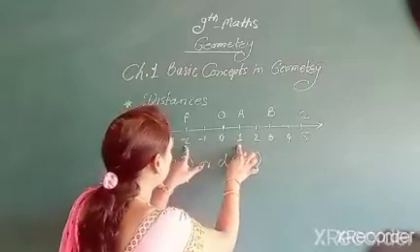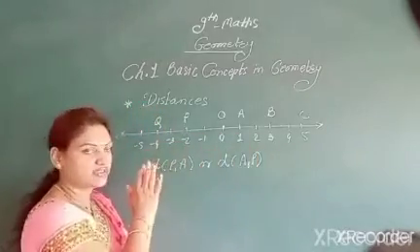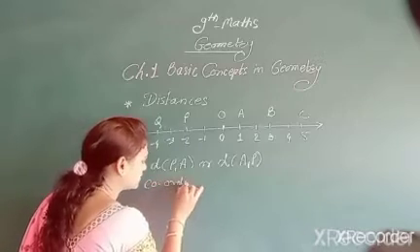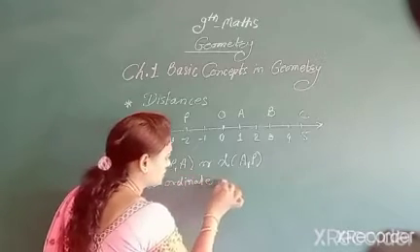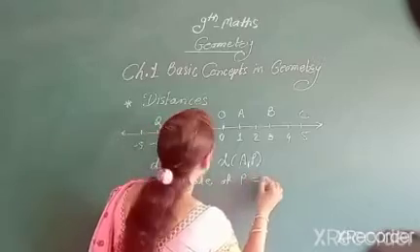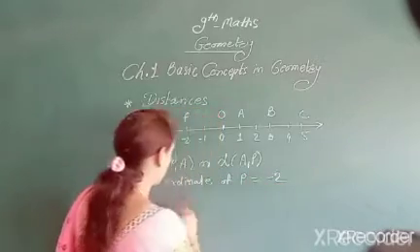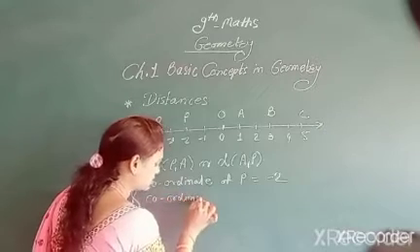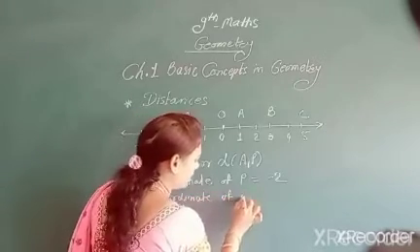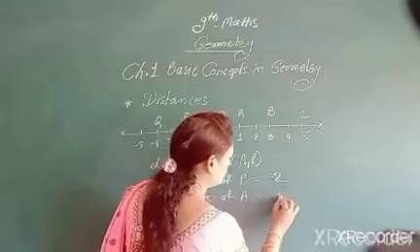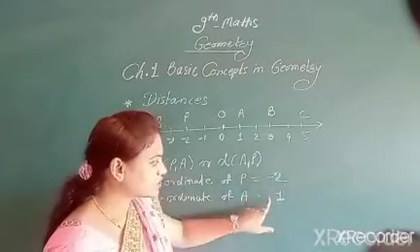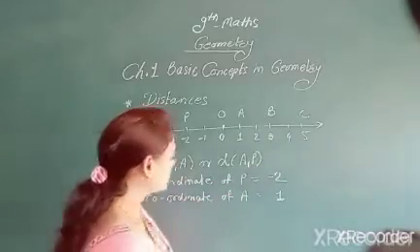Then first find which is the greater coordinate of these two. Coordinate of P is -2 and coordinate of A is 1. Which is the greatest?